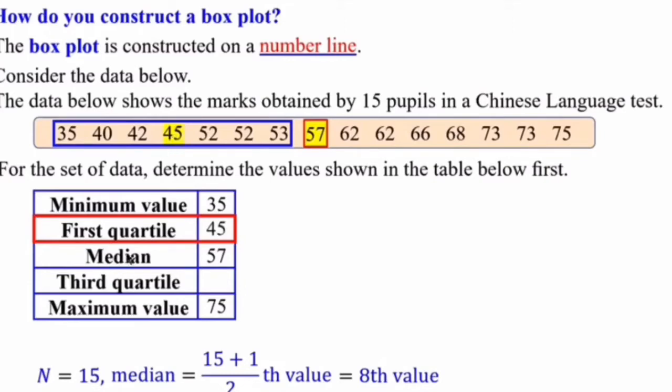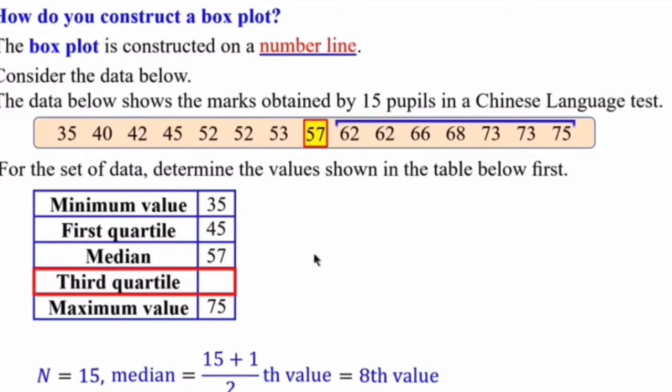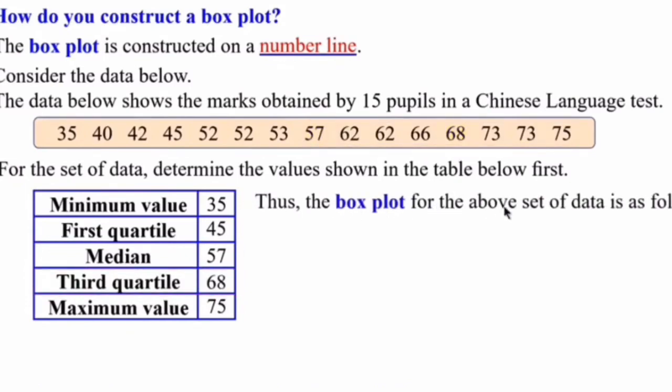That is called the first quartile. First quartile is 45. Followed by, we determine the third quartile. In the blue box, we find the data to the right of the median. The middle one is 68, so the third quartile is 68.